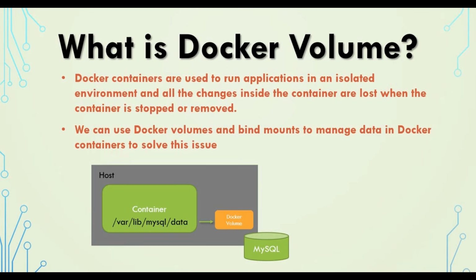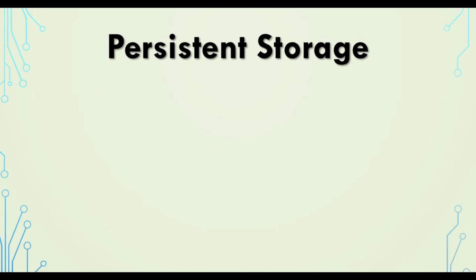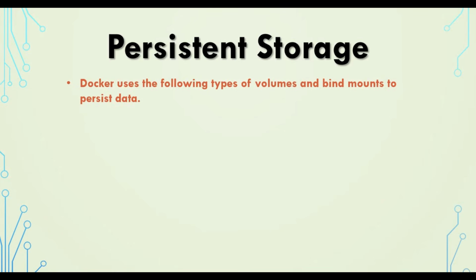Most probably in continuous integration or high availability setups, you can have multiple containers running which use the same path, or once one container is deleted, other containers can automatically attach this volume, so your application will run without any problem. So as we mentioned, we can use Docker volumes and bind mounts to persist the data. That is the concept of persistent storage in Docker.